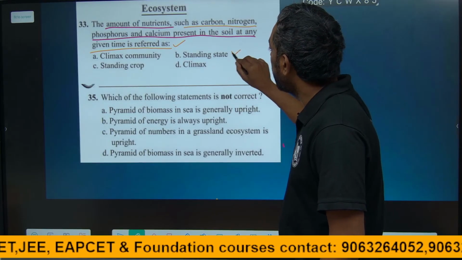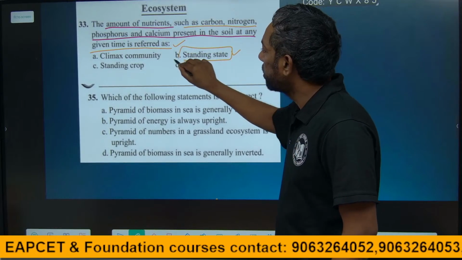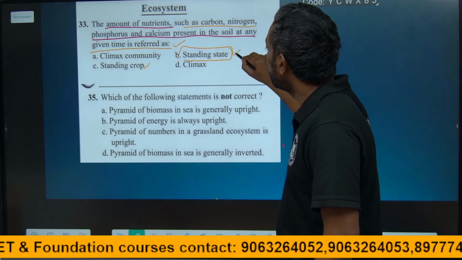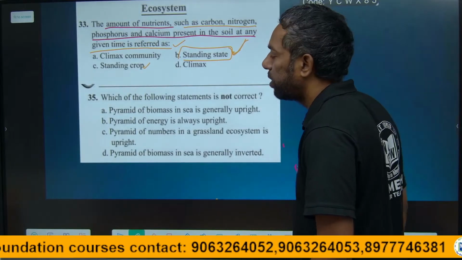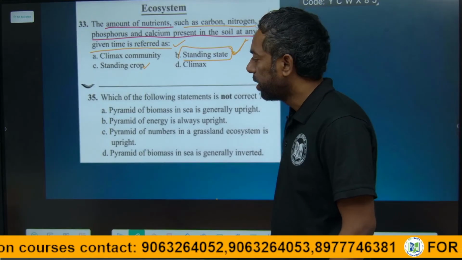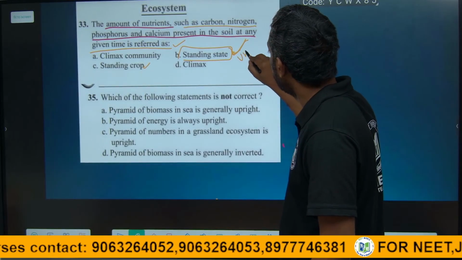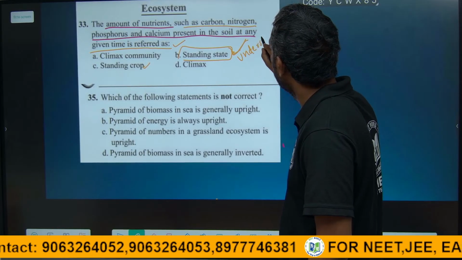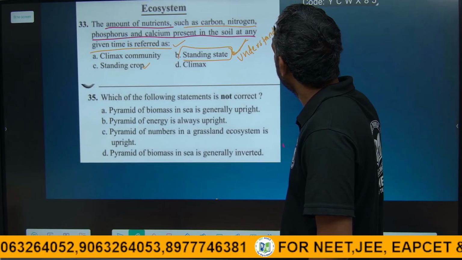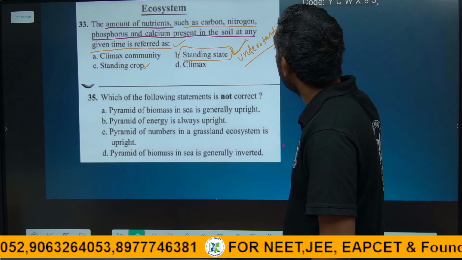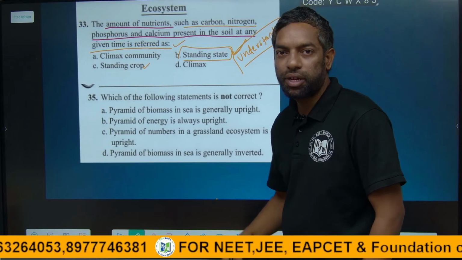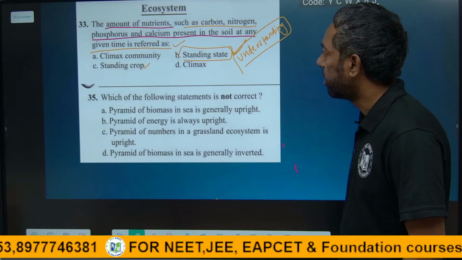Standing state is the right answer, not climax or standing crop. This is the standing state, guys. Direct question, understanding level question. If you understand the hierarchy of the ecological system, you can easily crack this question, guys.